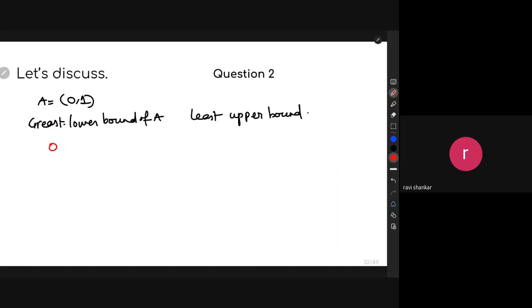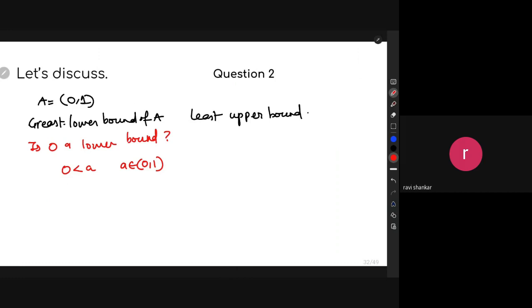So is 0 a lower bound of A? You just need to check whether it satisfies the property or not, that it needs to be smaller than every element of A. So it is, by definition, a lower bound.